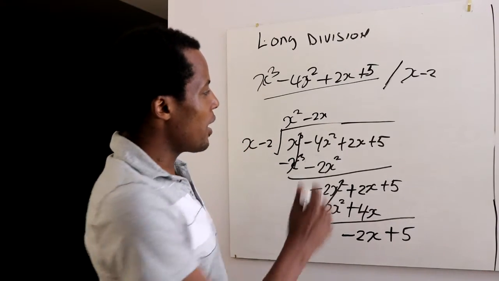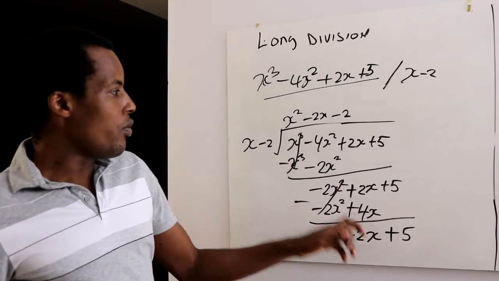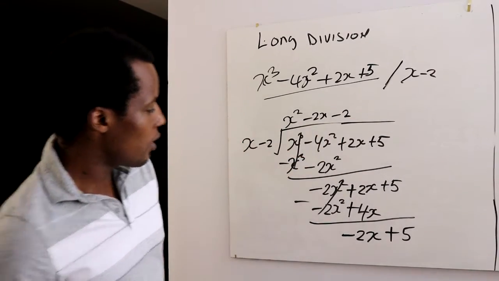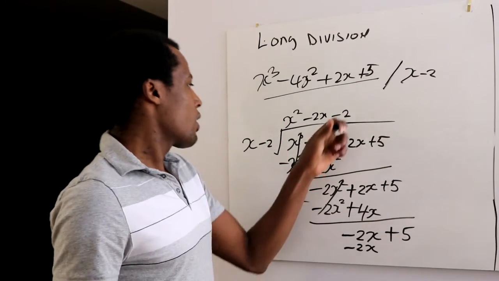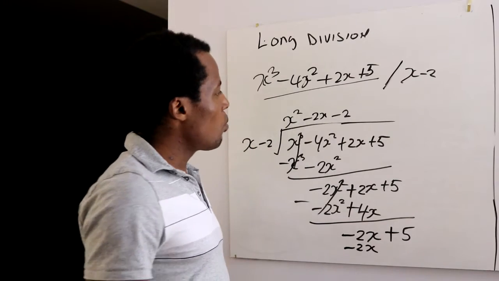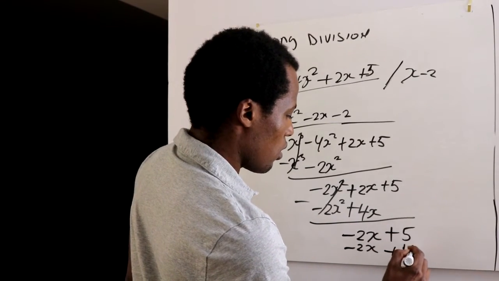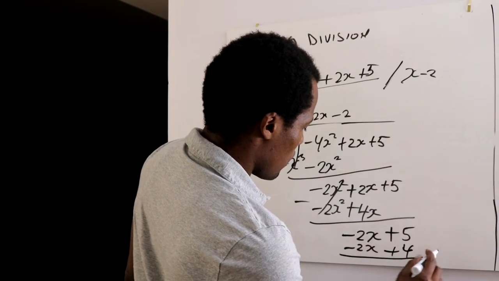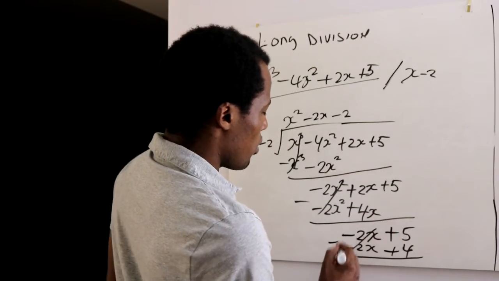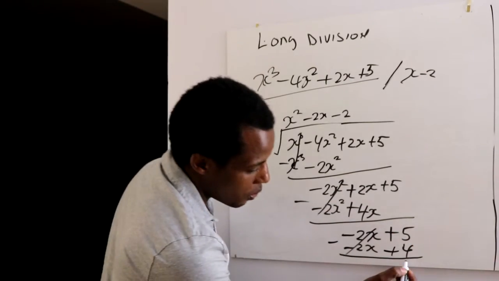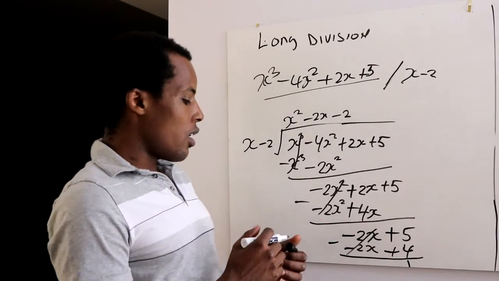Minus 2 times x is minus 2x. Minus 2 times minus 2 is 4. Here again 0, and 5 minus 4 is equal to 1. So that's the end of our division.